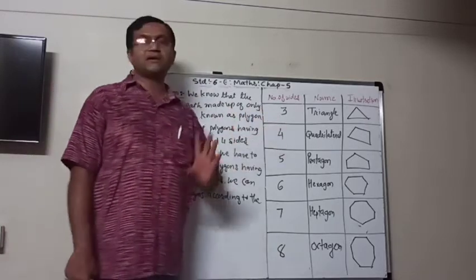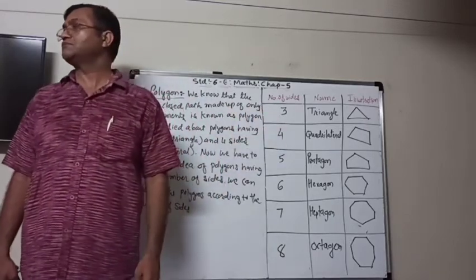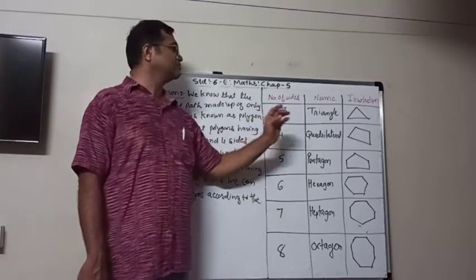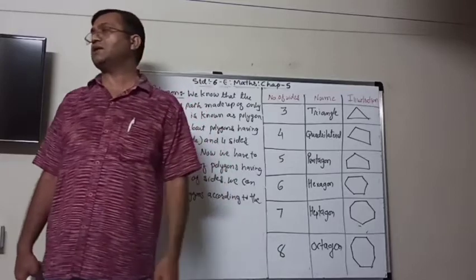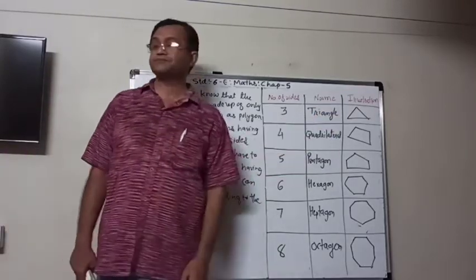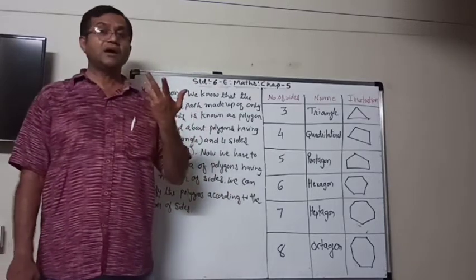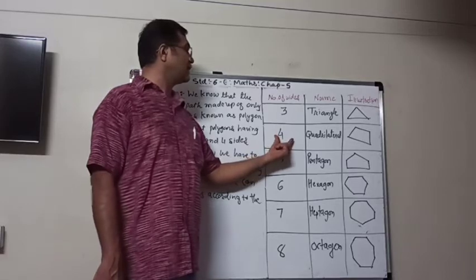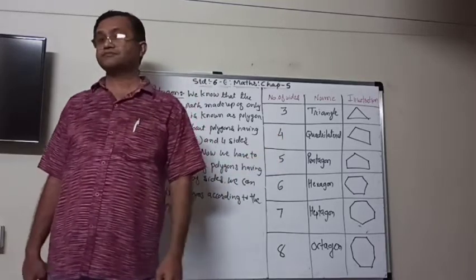This you are familiar with, the number 3 and number 4. With 3 sides, it is known as a triangle, which looks like this one. The quadrilateral is the polygon having 4 sides.